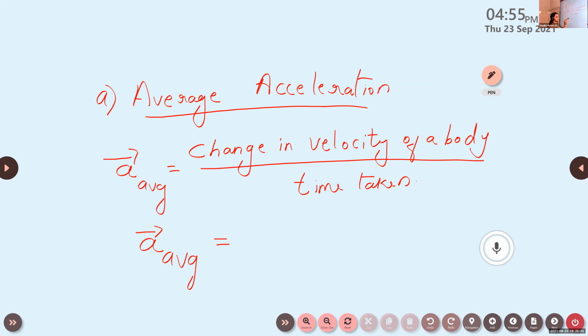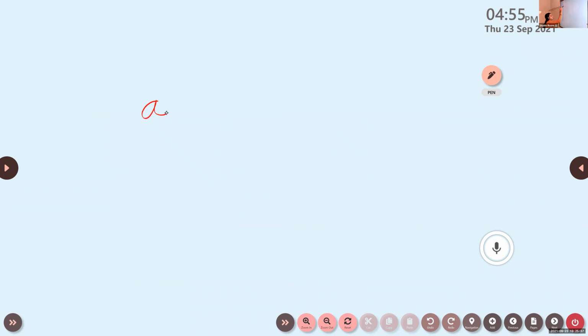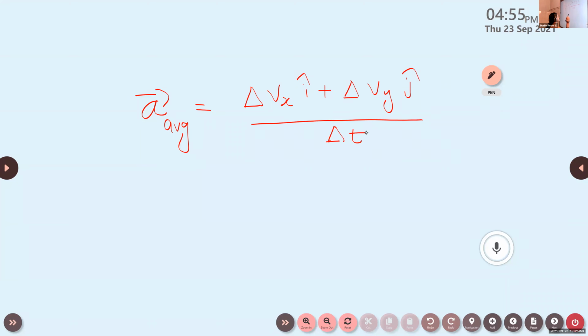Change in velocity means delta V divided by delta T. That is, average acceleration is equal to delta V, which is delta Vx i cap plus delta Vy j cap, divided by delta T.